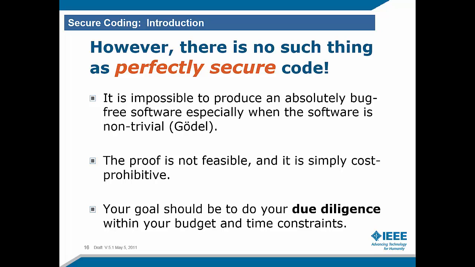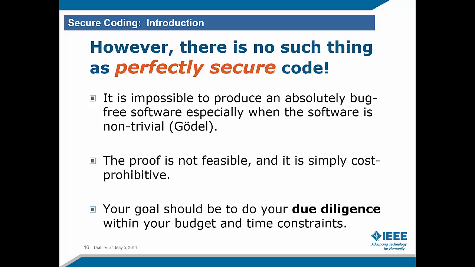It's been proven. It is impossible to produce an absolutely bug-free software, especially when the software is non-trivial, and this fact has been proven mathematically. So theoretically speaking, the proof is not feasible, and at the same time, it is simply cost prohibitive.